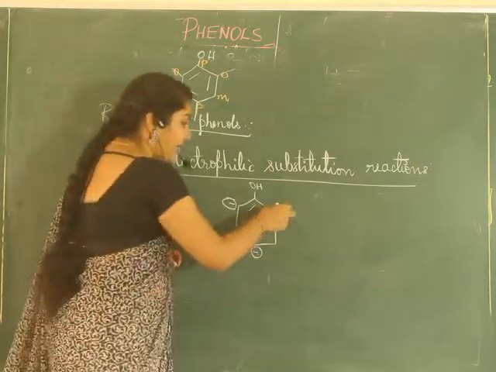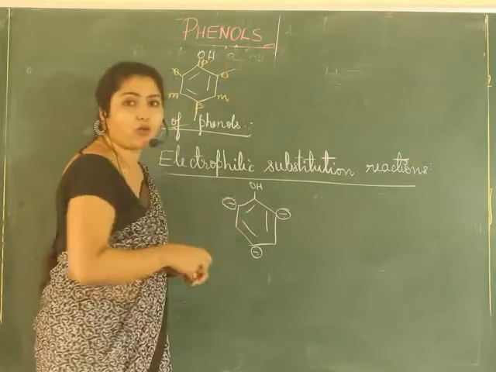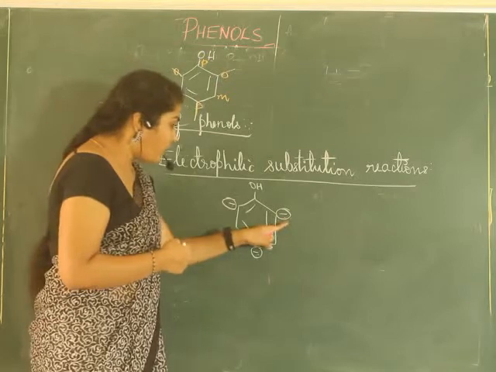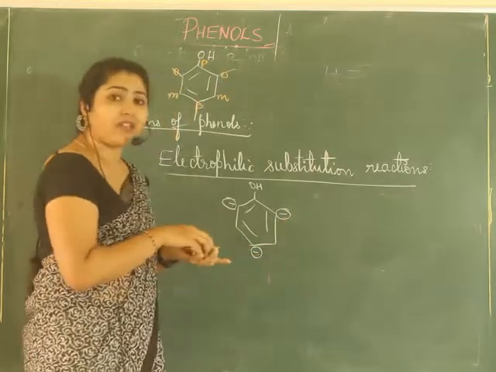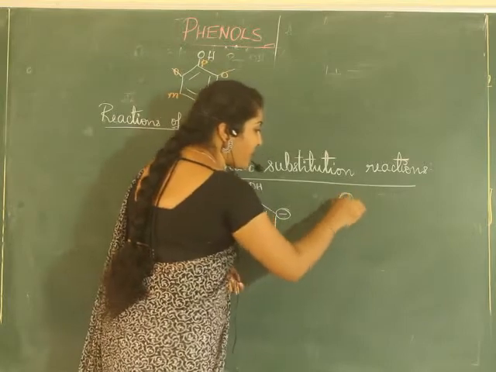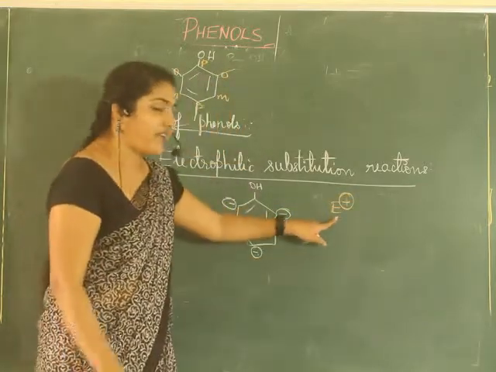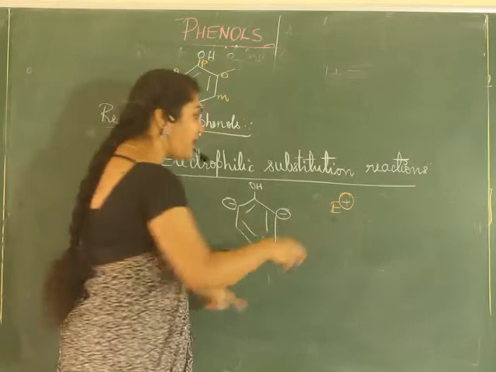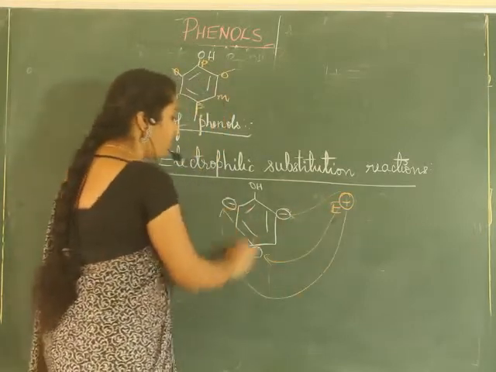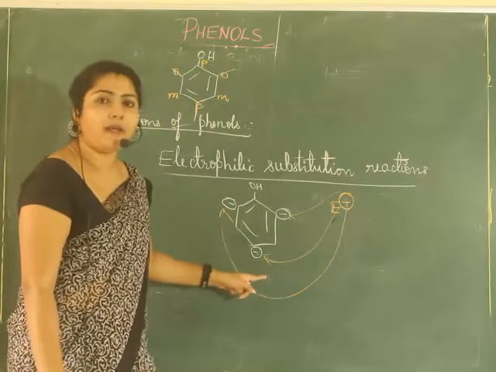That means these positions are electron rich. Electrophiles are positively charged species. Where do they attract? They will attract to any of these positions, ortho and para.